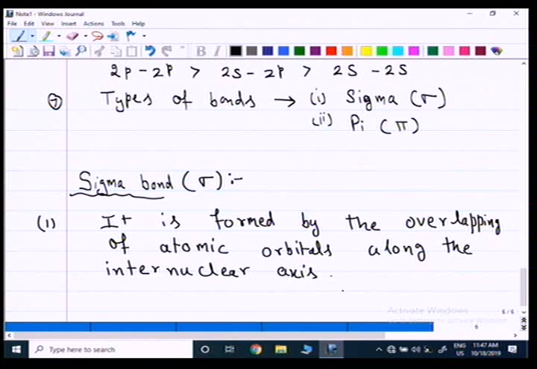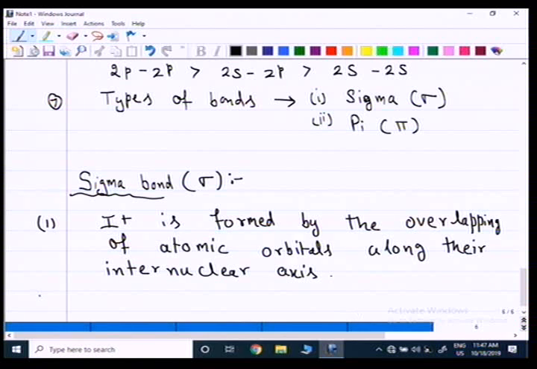Okay. Internuclear axis means when they are parallel to their axis. I'll discuss it when I draw the shapes for this one. Means how do they overlap? Internuclear axis means the axis which passes through the nucleus. So this is the bond which is formed by the overlapping of atomic orbitals along their internuclear axis.